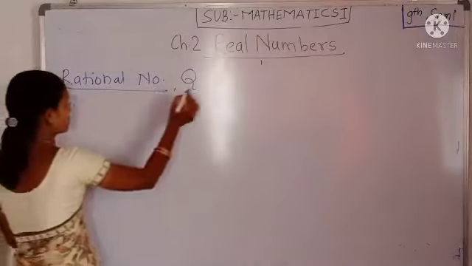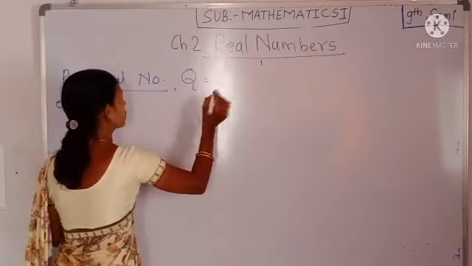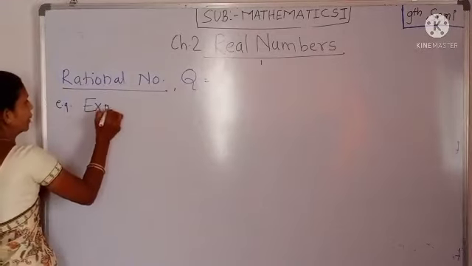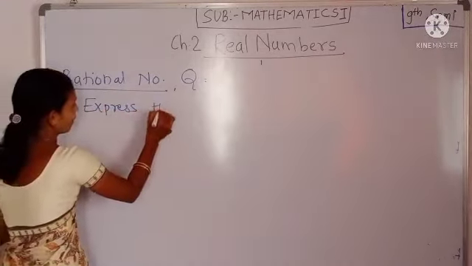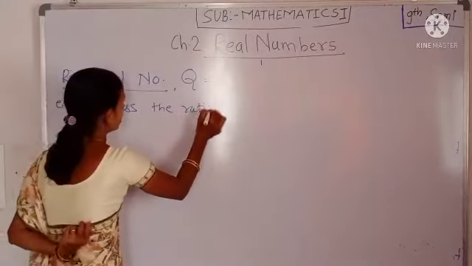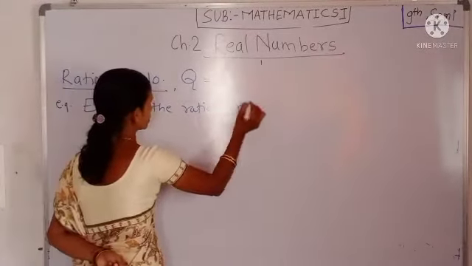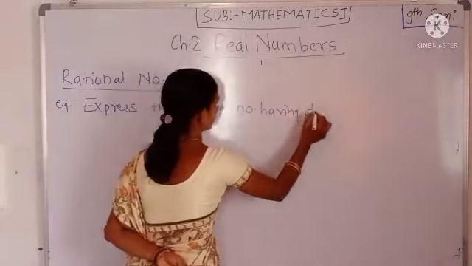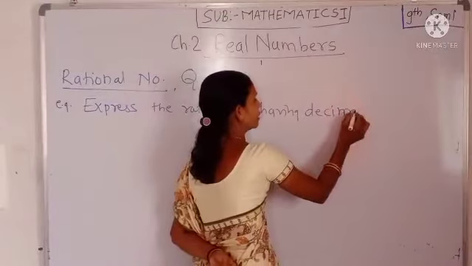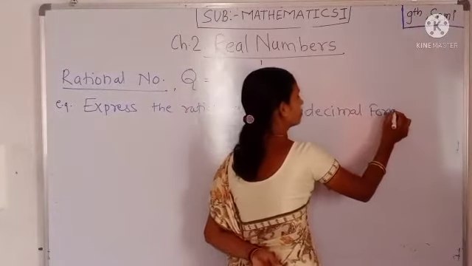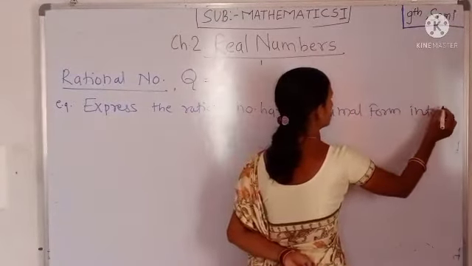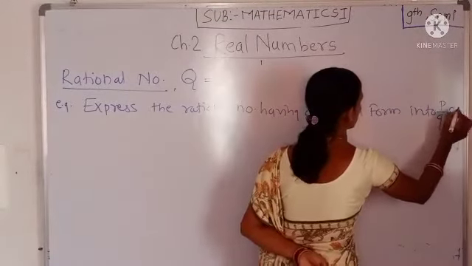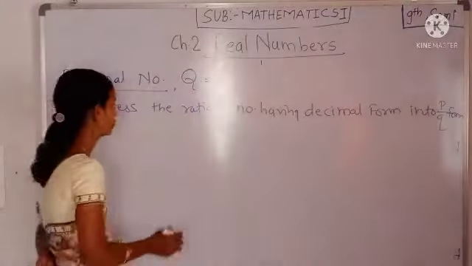Then express the rational numbers given in decimal form into p upon q form.